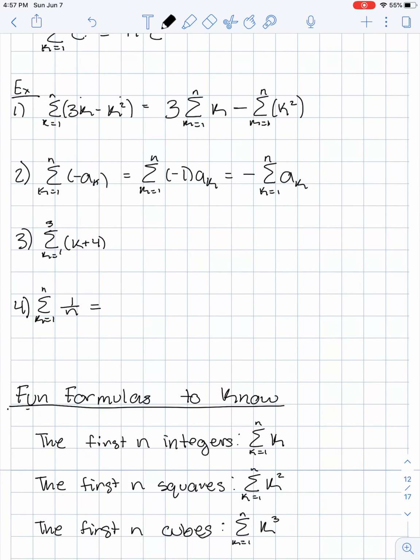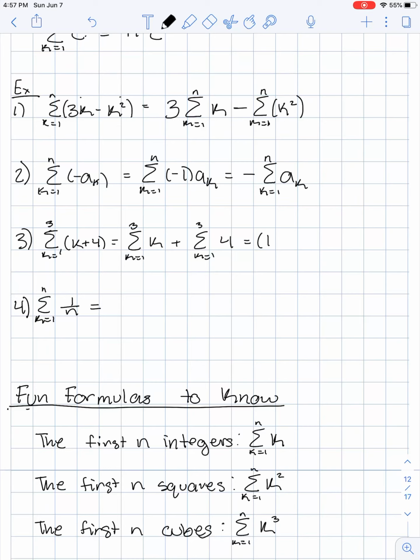k equals 1 to 3 of k plus 4. This one we actually are going to find the solution to, since it does have a finite number up top, or it gives me an actual number. So we're going to split these up from k equals 1 to 3 of k plus the sum of k equals 1 to 3 of 4.